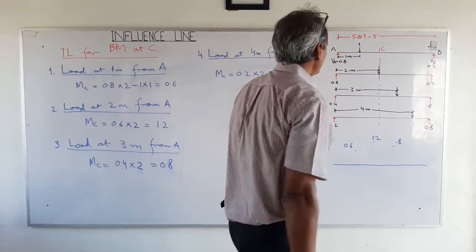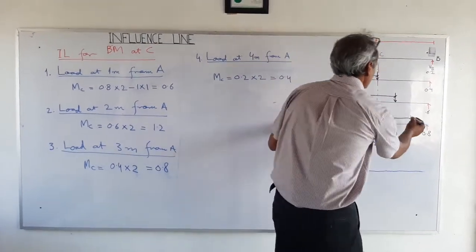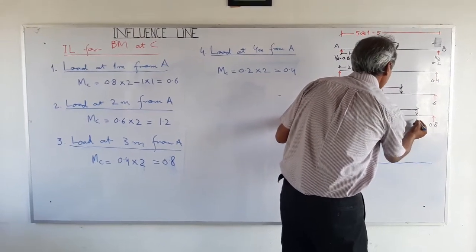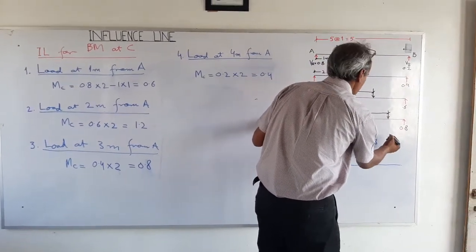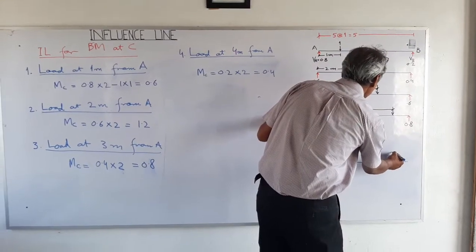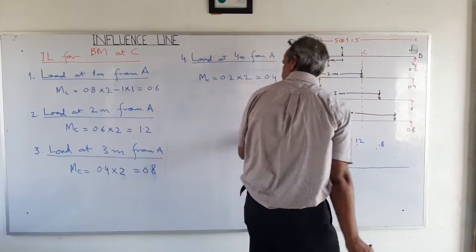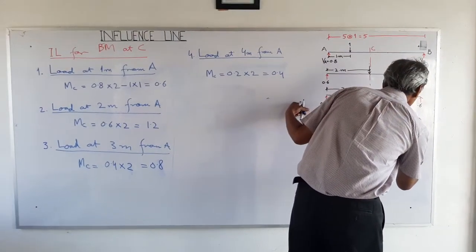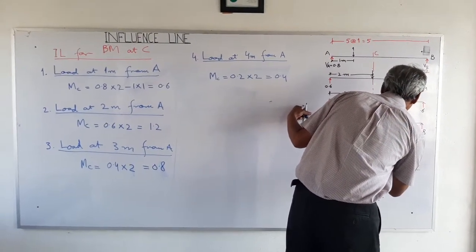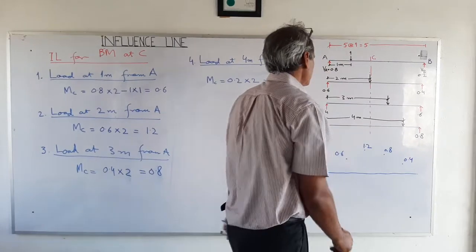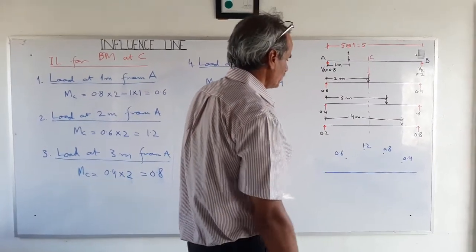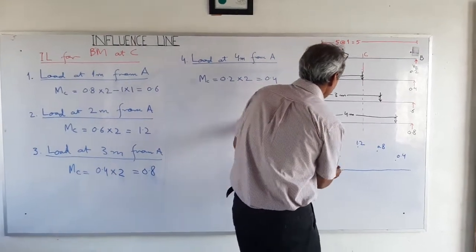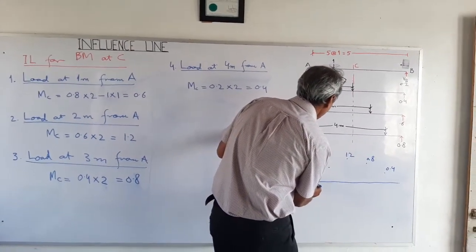And when load moved on to 1 meter only away from the spot B or 4 meters from spot A, the value is 0.4. So these are the different values of bending moment when load is at 1 meter interval.